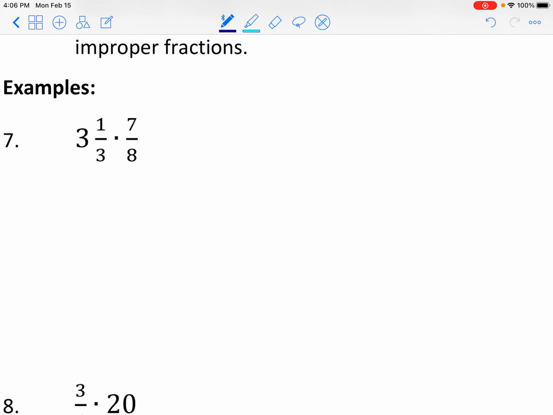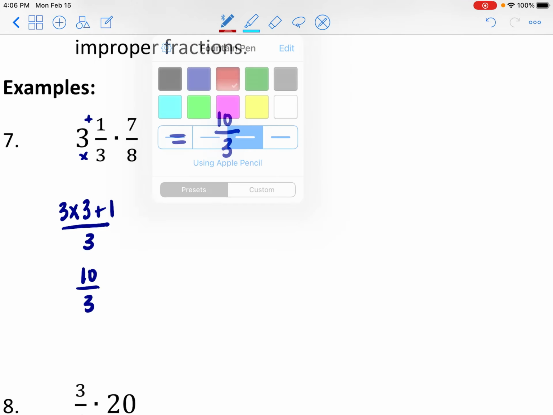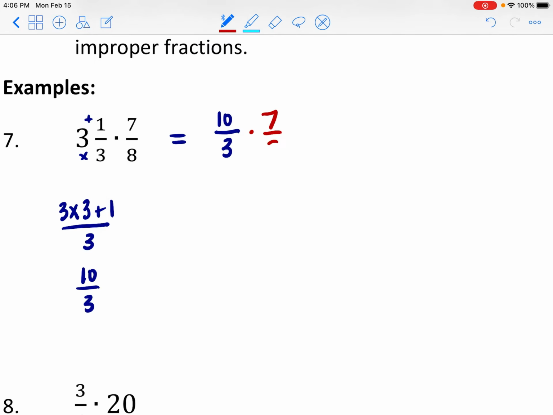So for example, here we would change the 3 1/3 to an improper fraction. So this would be multiplied and then added here. So the 3 times the 3 plus the 1 over 3 is going to be 9 plus 1, which is 10 over 3. So 3 1/3 becomes 10/3, and we're going to be multiplying by 7/8.